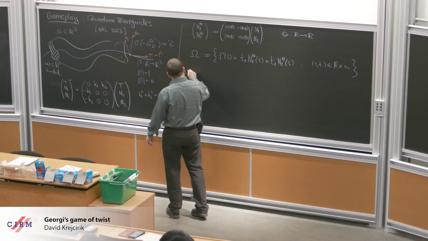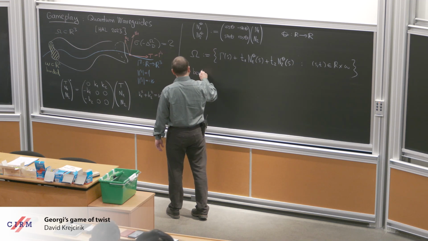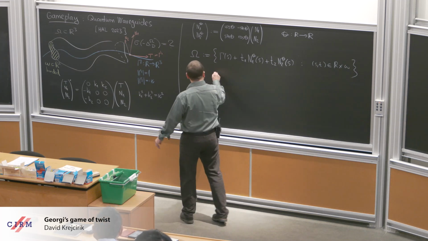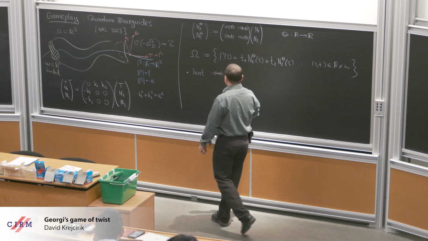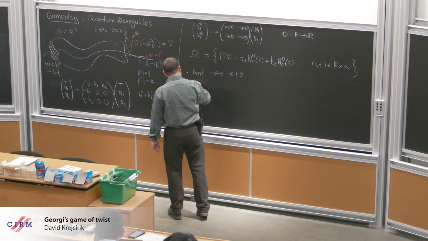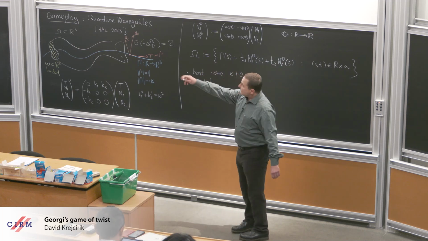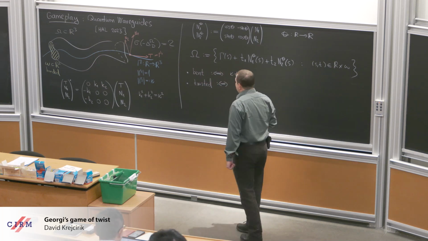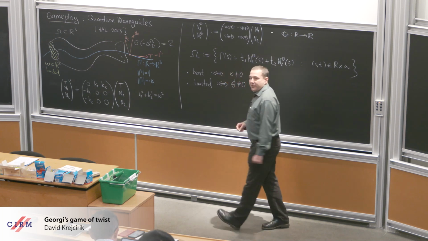There is some terminology. We say that omega is bent if the reference curve is not a straight line. So it means that the curvature is not identically equal to 0. And twisted, which is the true meaning of the game of twist, is when theta dot is not identically equal to 0.